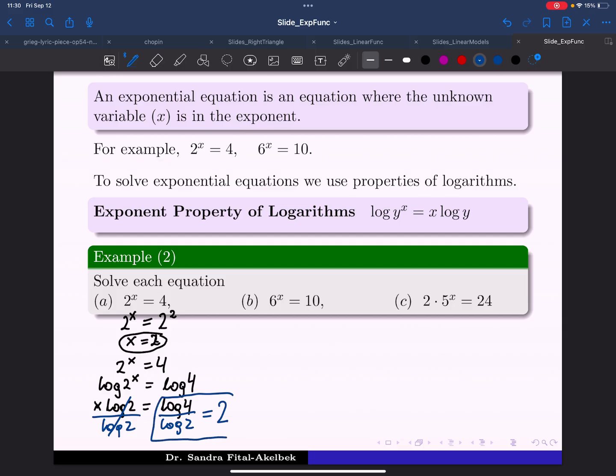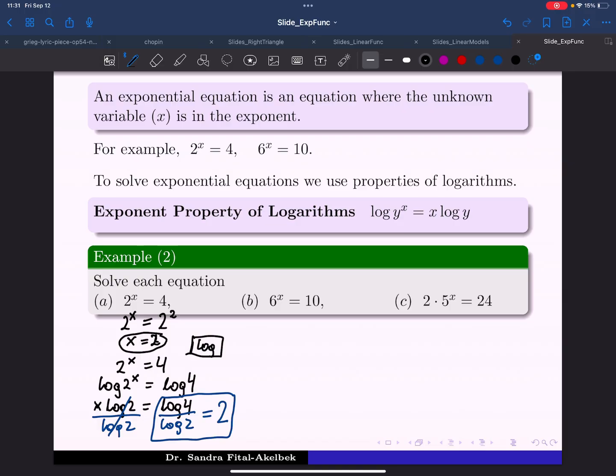On a scientific calculator, we have the log button, so you can easily use it. You simply punch the log of 4.